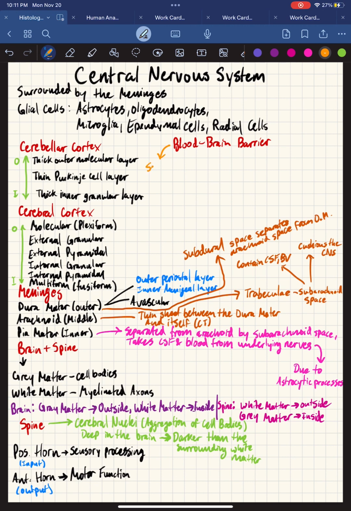It basically separates the cerebrospinal fluid from the blood, and it basically regulates unwanted diffusion.